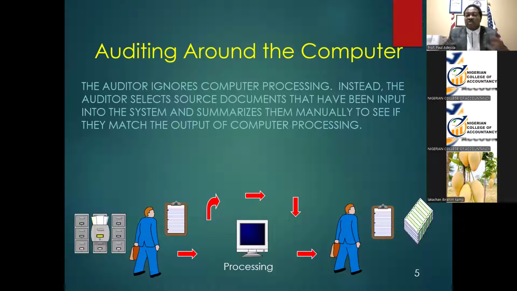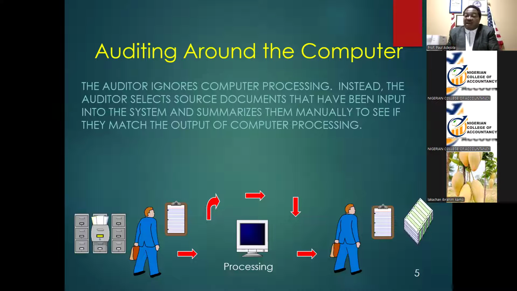You've already printed out, for example, accounts receivable from the system. But instead of checking through the system to see what has been keyed in, you now say, okay, give me the voucher, give me the sales invoice, give me the tellers, give me the receipt.